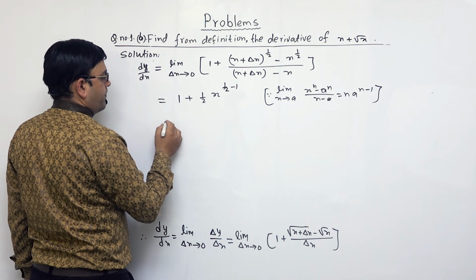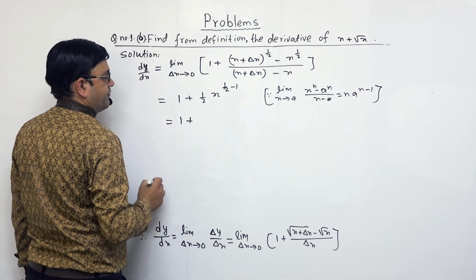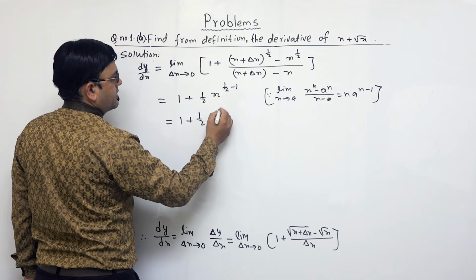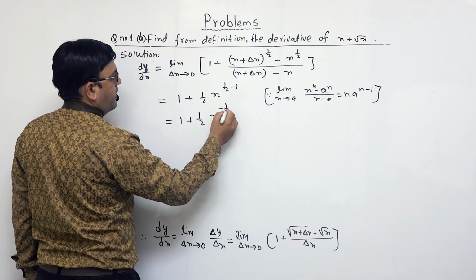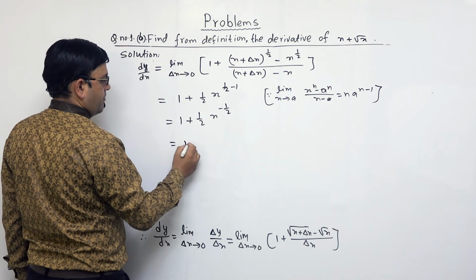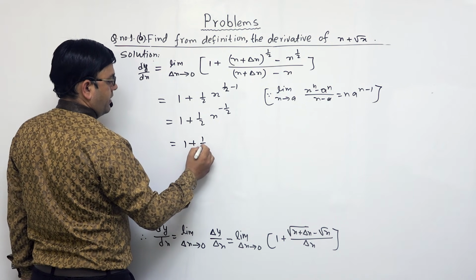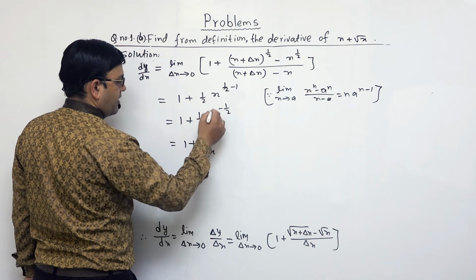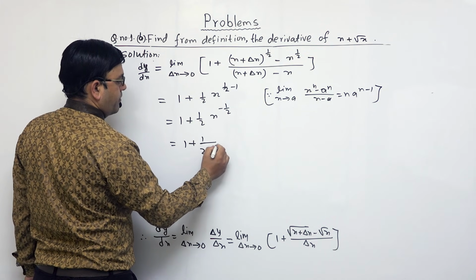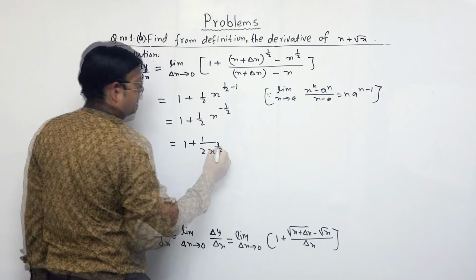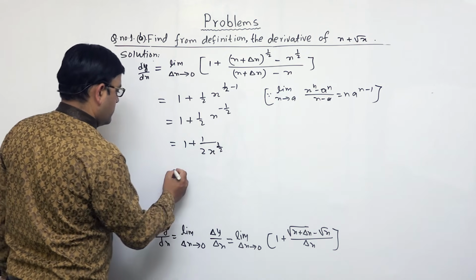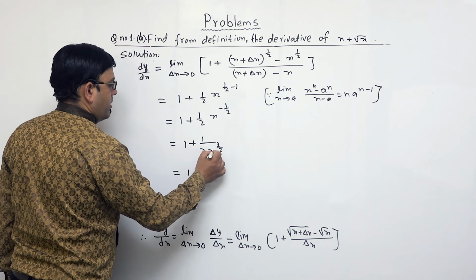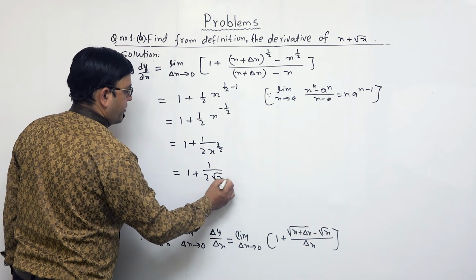This is equal to 1 plus 1 by 2 x to the power 1 by 2 minus 1, means minus 1 by 2. So this is equal to 1 plus 1 by 2 times x to the power minus 1 by 2. हामीले यसलाई डिनोमिनेटरमा लाँदाखेरि it's 1 by 2 plus 1 by 2. So this is equal to 1 plus 1 by 2 times x to the power 1 by 2, means root x.